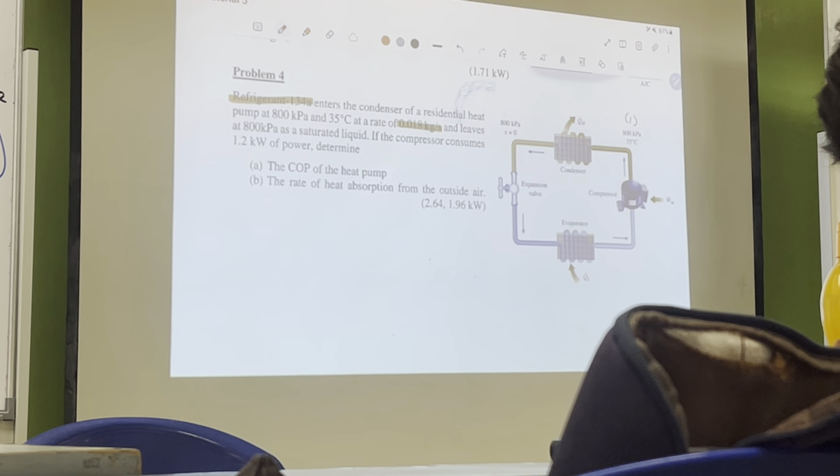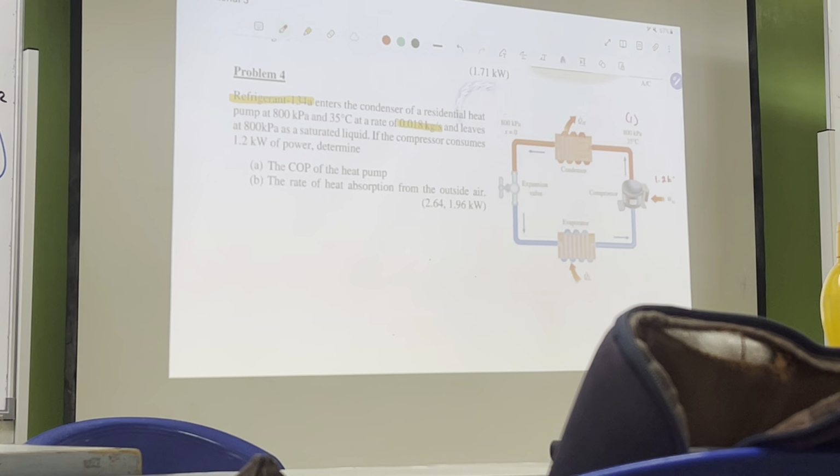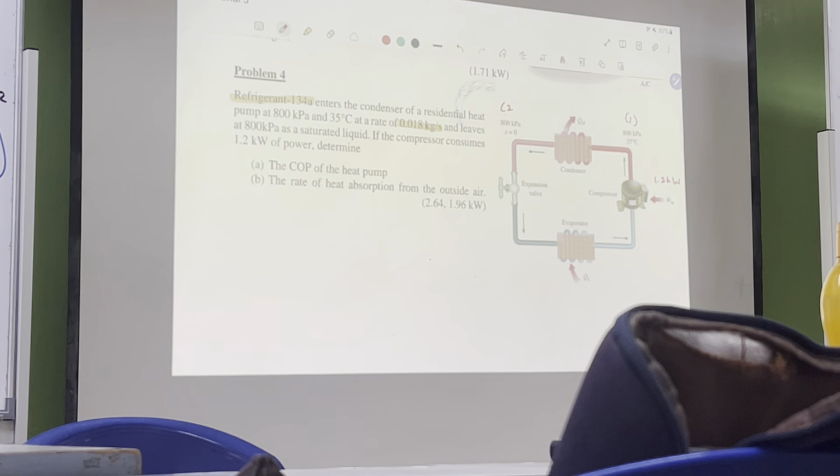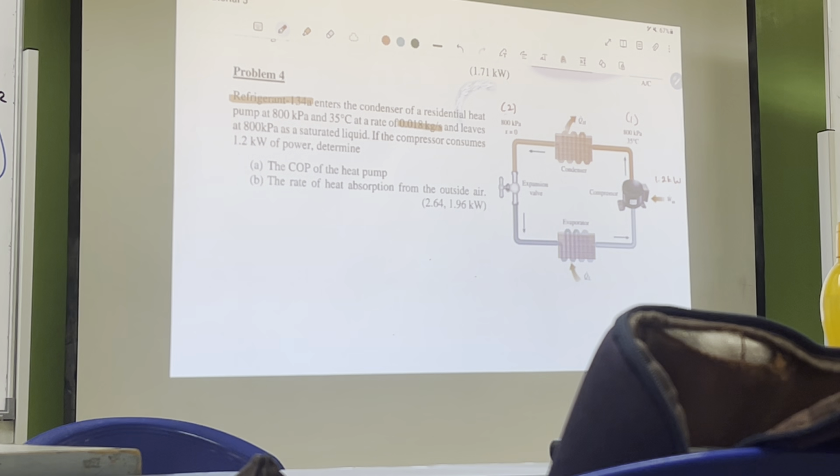So if the compressor consumes 1.2 kilowatt of power, so this is 1.2 kilowatt. Let's call this 2 to make things easier for us. You need to determine the COP of the heat pump and also the rate of heat absorption from the outside air. So there are 2 things that you need to determine here.